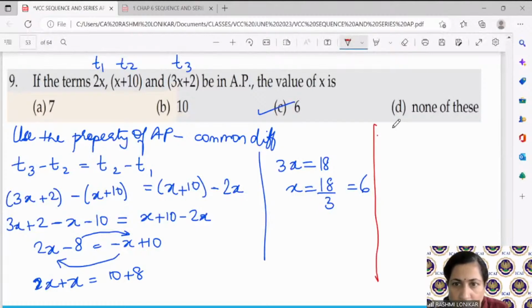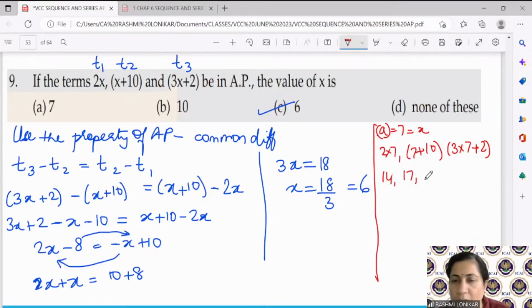So option A is saying 7 is equal to x. So I put it over here. 2x, 2 into 7, is 14, then 7 plus 10 is 17, and 3 into 7 plus 2 is 21 plus 2, which is 23. This is not in AP.